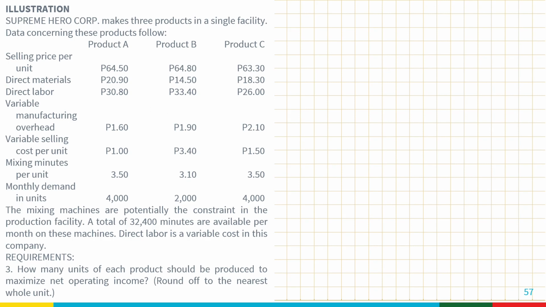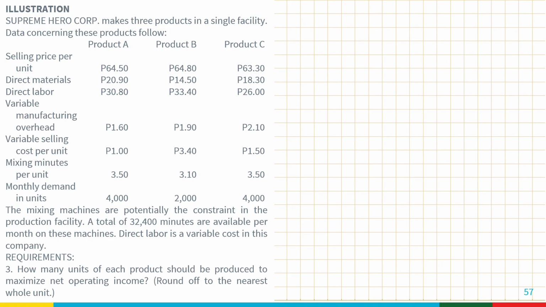Requirement 3. How many units of each product should be produced to maximize net operating income? Round off the answer to the nearest whole unit. So let's solve for this.